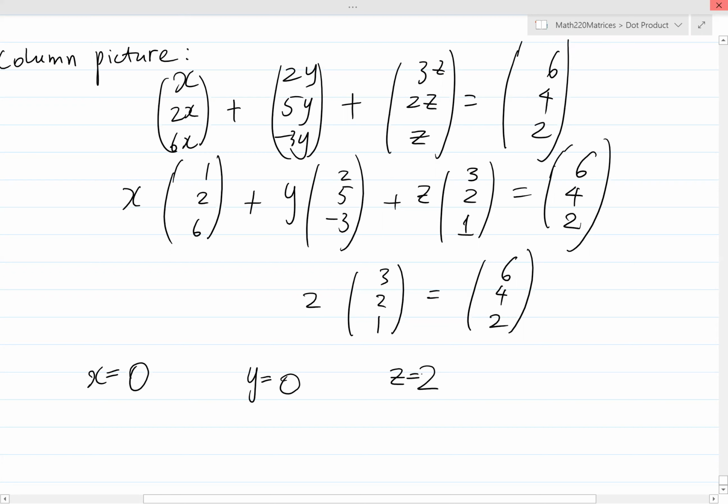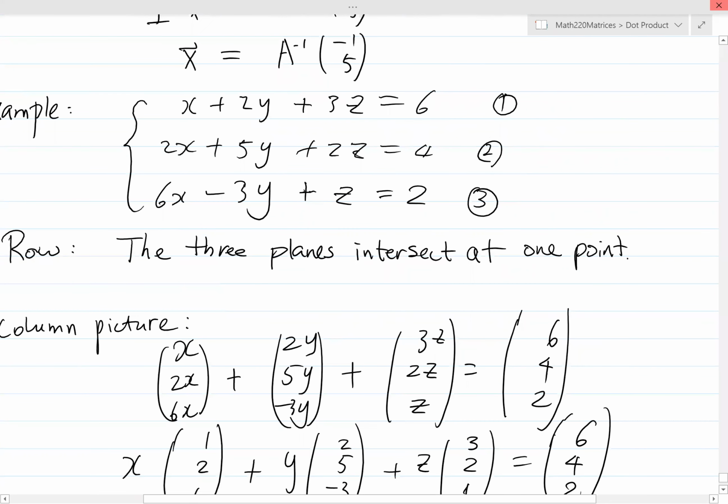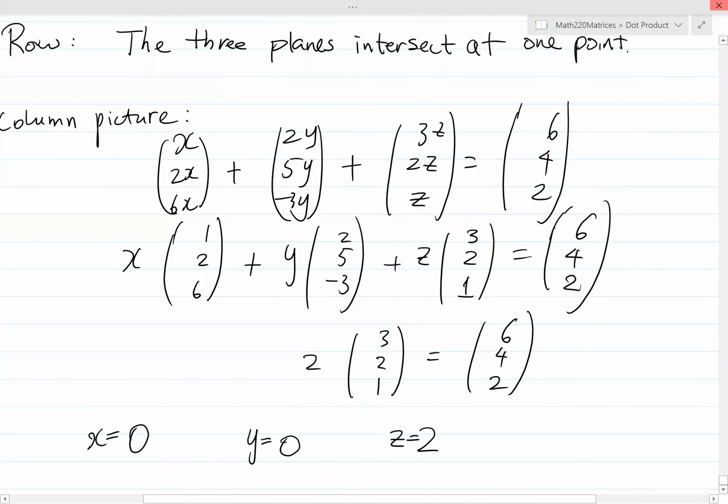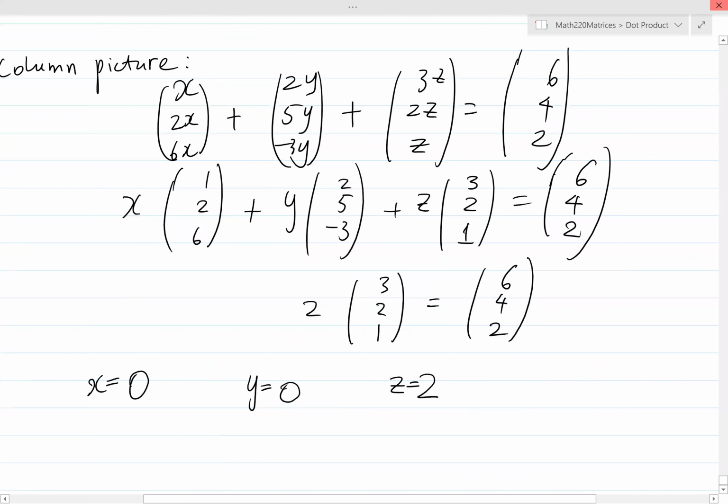Now let me give you a remark. For the same linear equation, we can use the row picture, which gives us the geometry of three planes intersecting at one point. If we use the column picture, then it is a linear combination of three vectors. A vector is a one-dimensional object, a line.